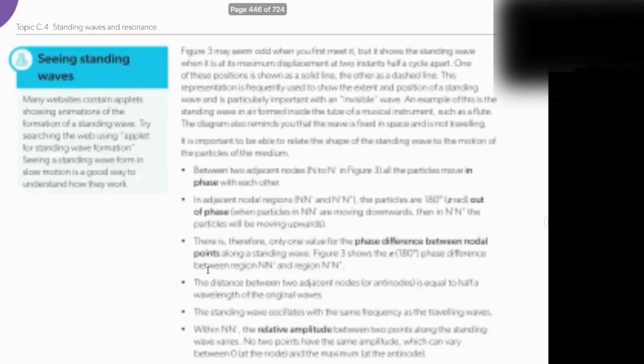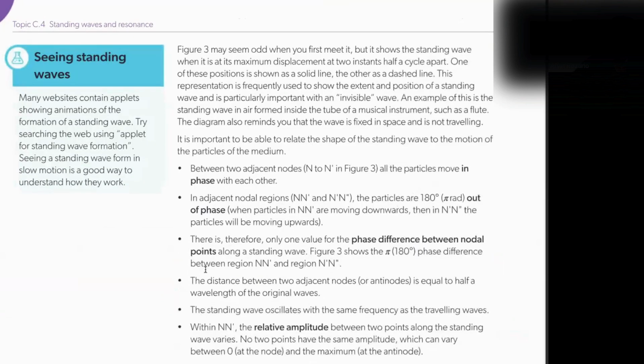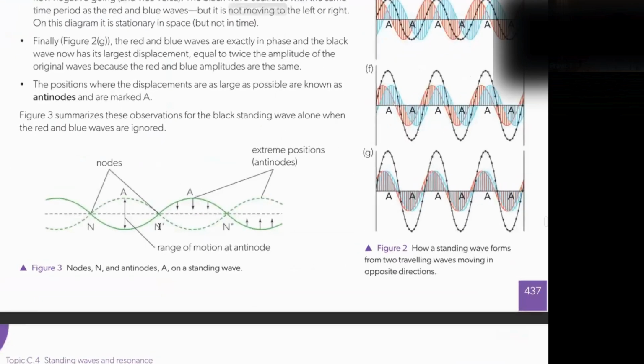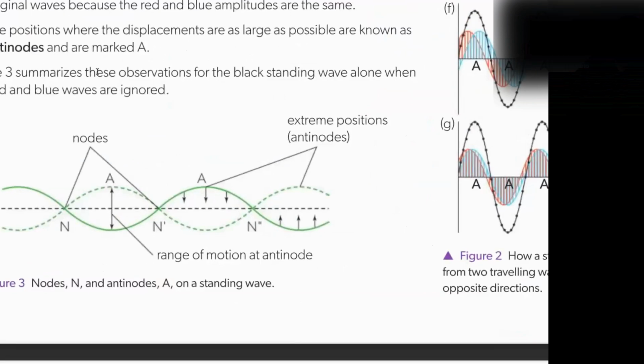Second, in adjacent nodal regions, particles are 180 degrees out of phase. Now, the particles which are here and the particles which are here have a phase difference of 180 degrees.